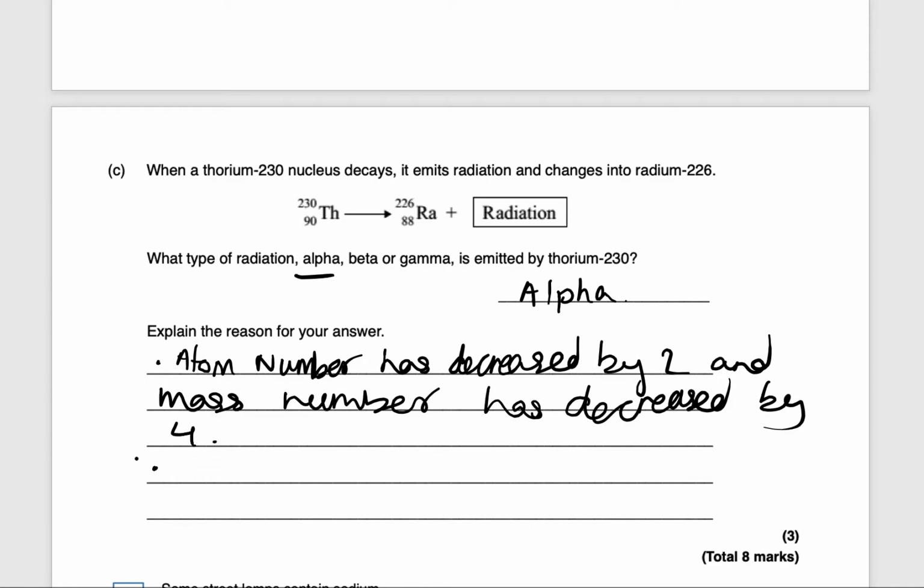Is because it's the same as a helium nucleus. So you would have your alpha here, 4 at the top, 2 at the bottom, and if you're subtracting it, the mass number would be subtracted by 4 and the bottom number would be subtracted by 2, the atomic number, and that will get you 3 marks.